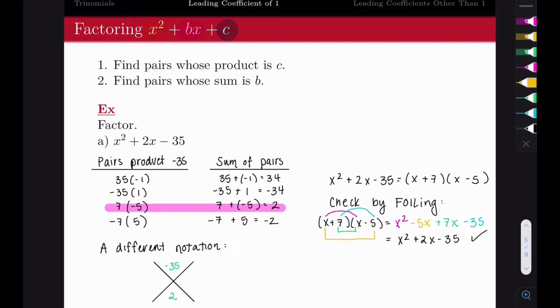You're going to put them in two remaining spots that need to multiply to this and need to add to this. Okay. And so you would just be kind of crossing stuff out. We already know 7 and negative 5 is the pair that does this. So it lets us factor into x plus 7 times x minus 5.